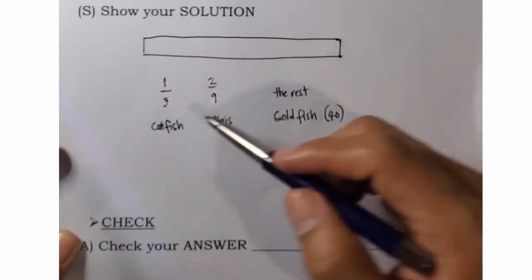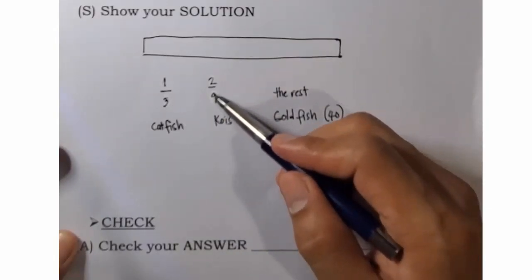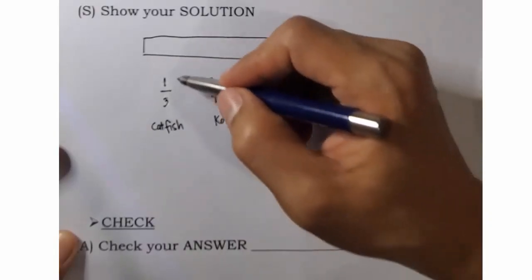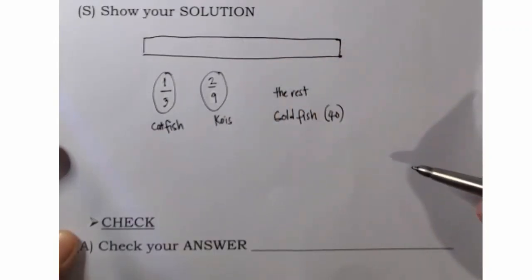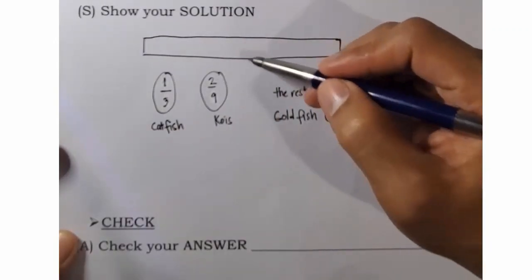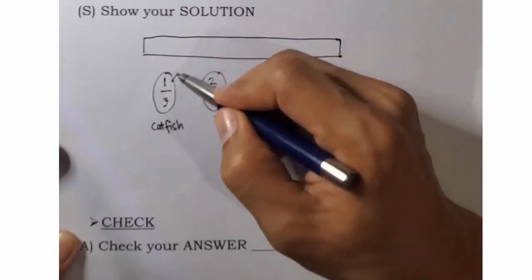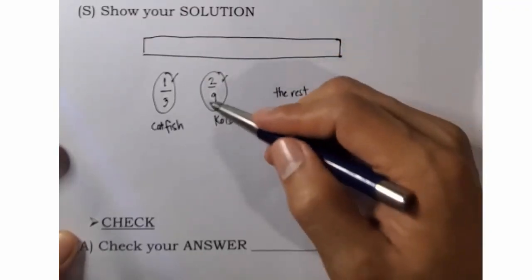We could not easily illustrate 1/3 and 2/9 here because they don't have the same denominator. So we have to make these two fractions into similar fractions so that it would be easier for us to divide this whole into fractions to represent 1/3 and 2/9. It is harder to divide the one whole into 1/3 and 2/9 because they don't have the same denominator.